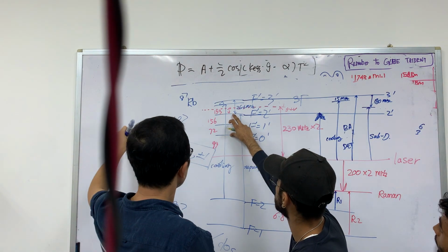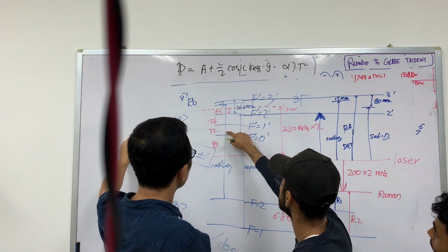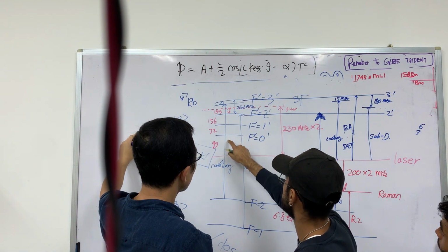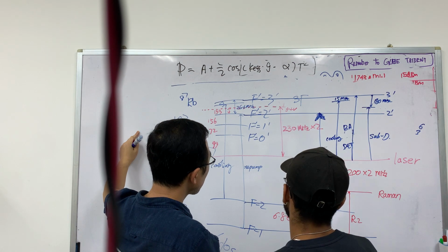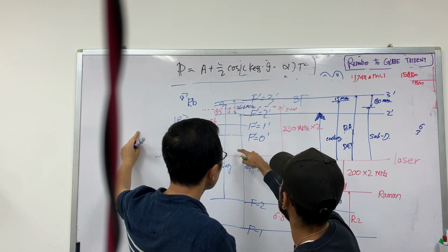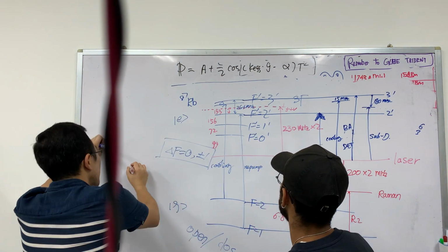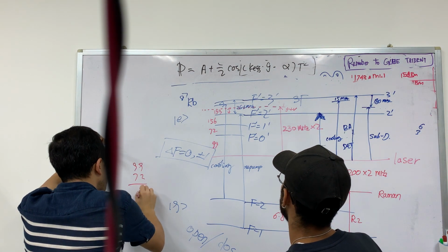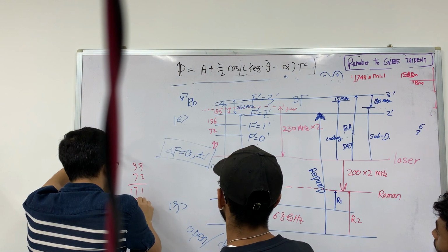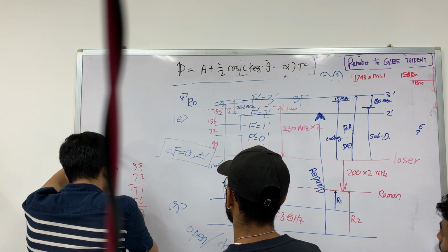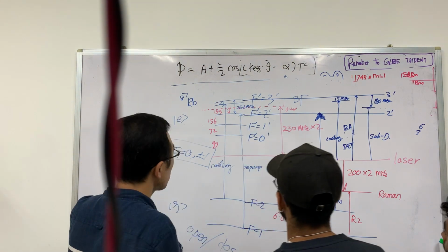This is 61 minus 1. Okay, let's calculate. 1, 2, 6, 8, 3 to 7.